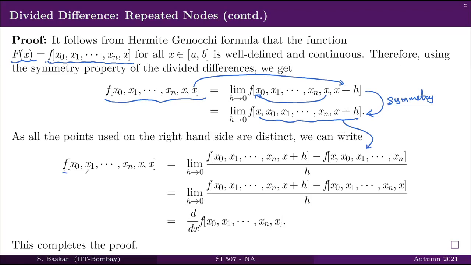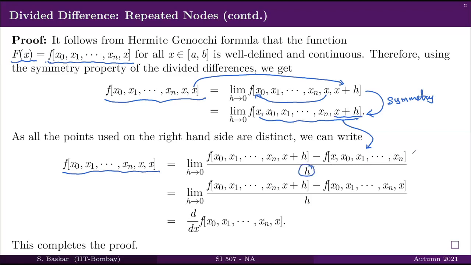And therefore, this term by the Genocchi formula, you can give a meaning for this. That can be written as limit h tends to 0, f of x0, x1 up to xn, x plus h minus x to xn, right? So this is the classical definition divided by x plus h minus x, and that becomes h here.